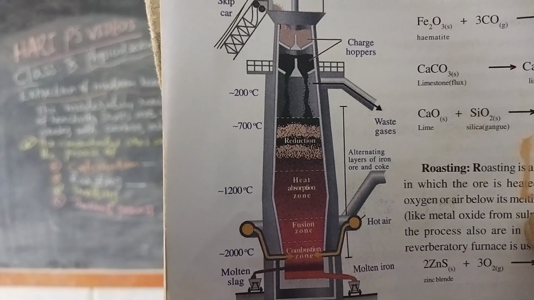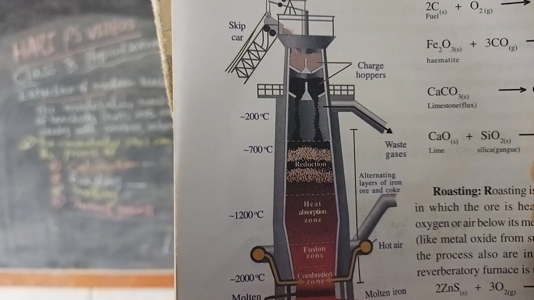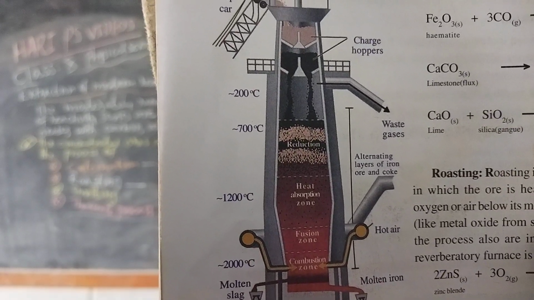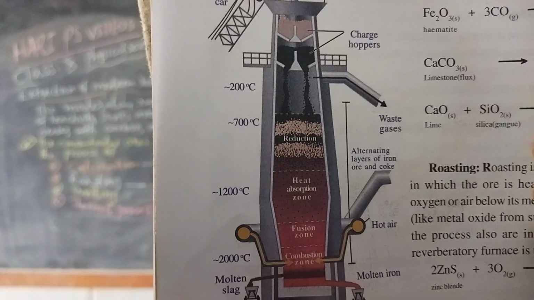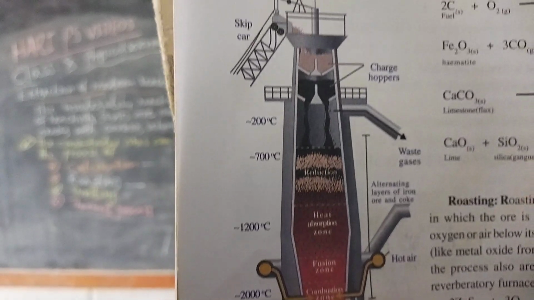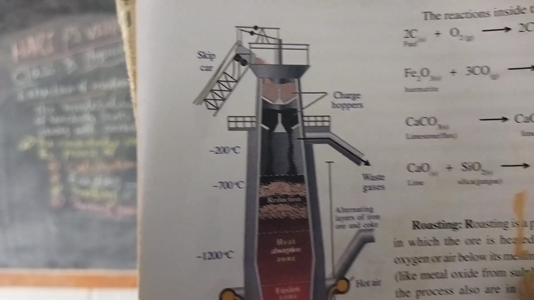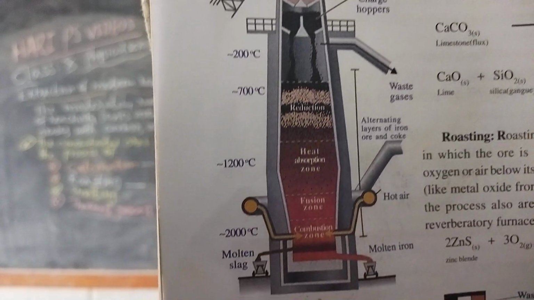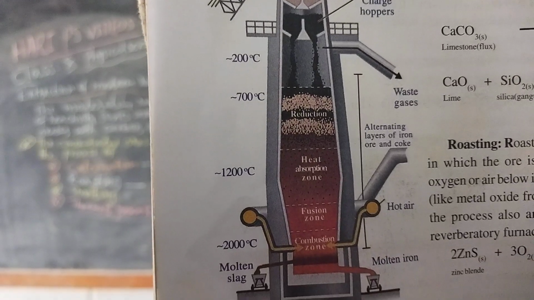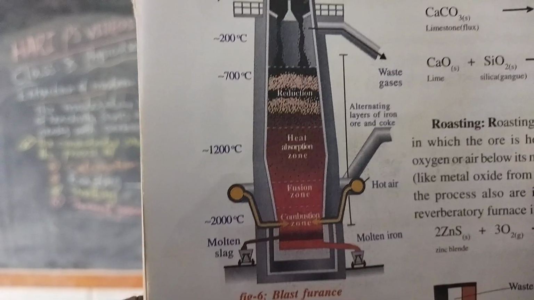See, different parts are there: waste gases, alternating layers of iron ore and coke, hot air, molten iron is formed, molten slag is formed, different temperatures are also there. This blast furnace is used for the smelting process.